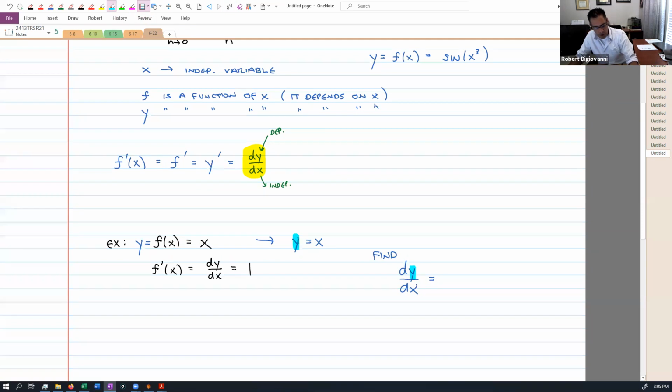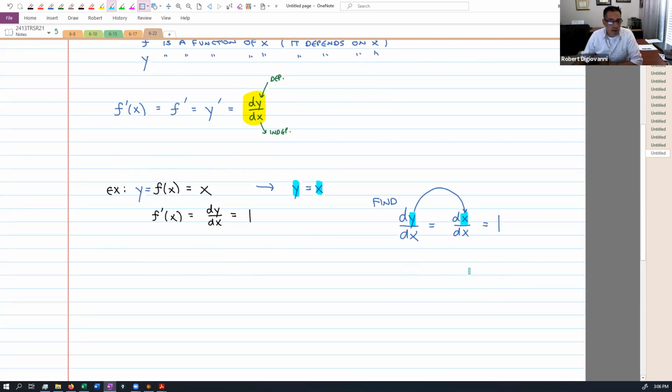In this particular problem, y is x, isn't it? And so this would just become dx over dx, and it makes sense that that would be 1, right? Anything over itself should be 1. So this becoming this is why the derivative of x is 1.